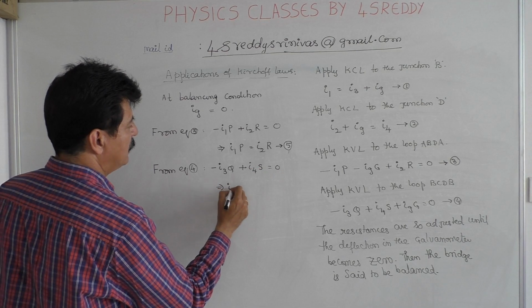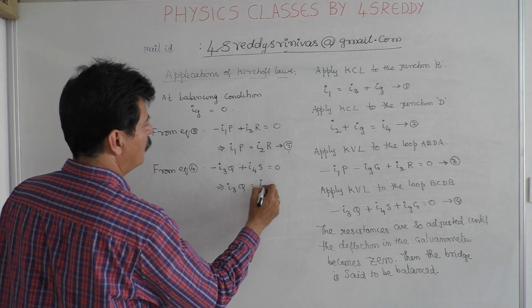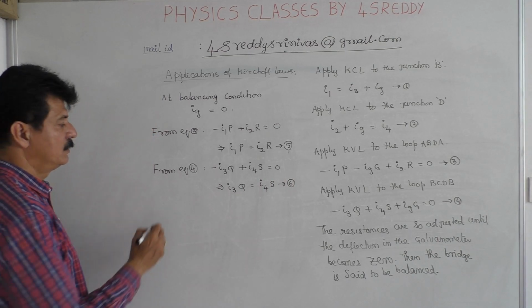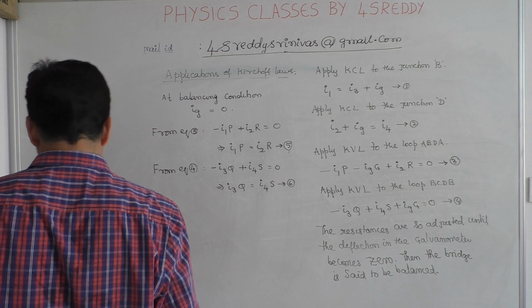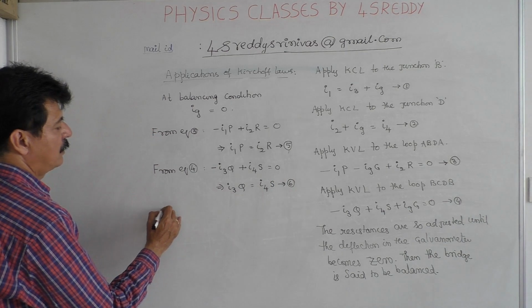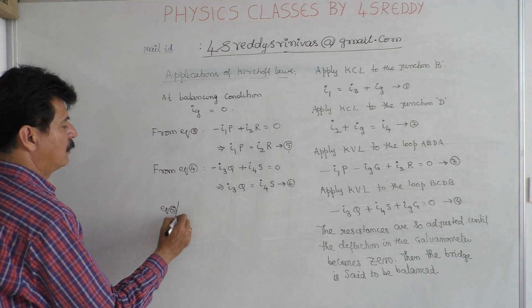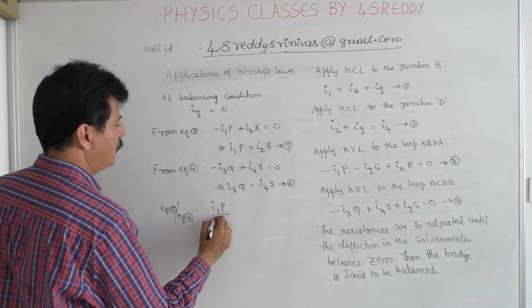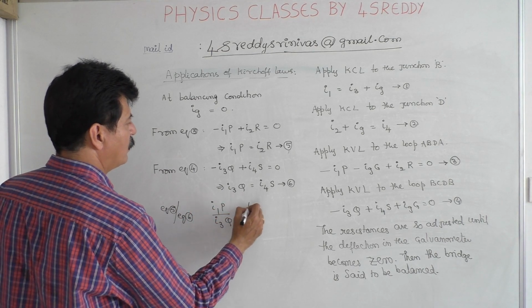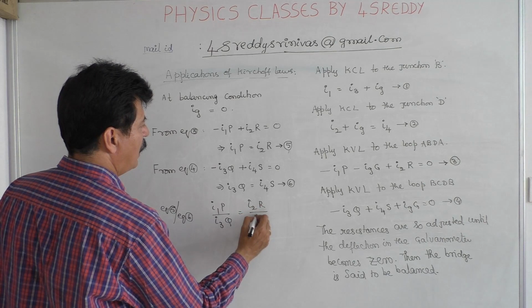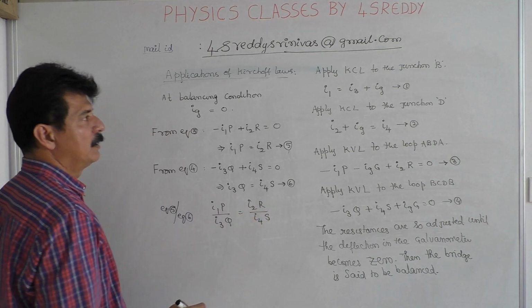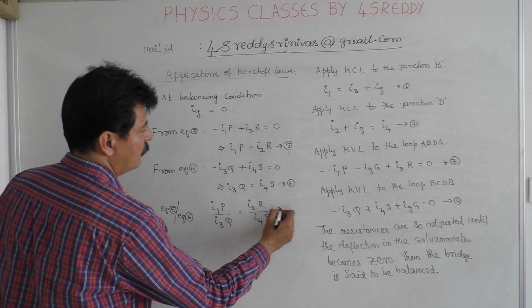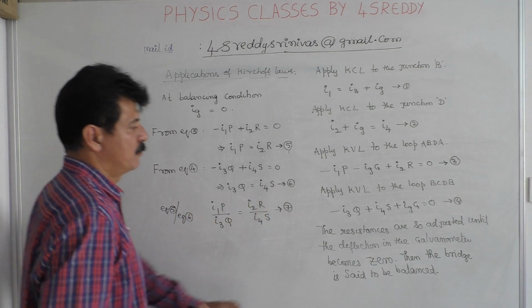Therefore, I3Q is equal to I4S is equation number 6. Therefore, 5 divided by 6, I1P by I3Q is equal to I2R by I4S. That is equation number 7.